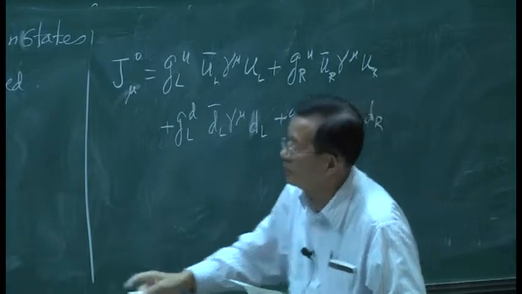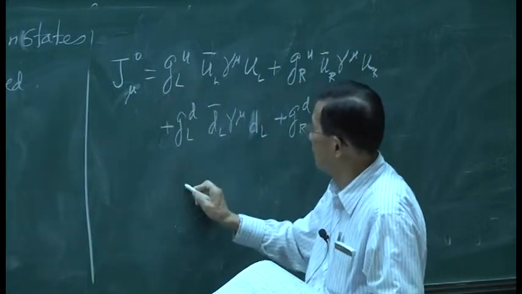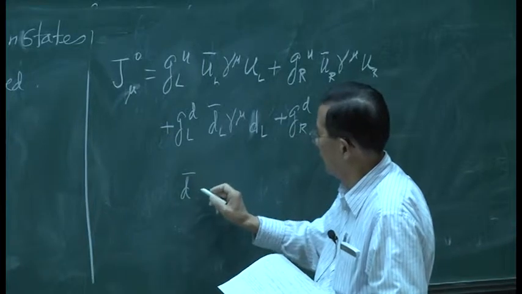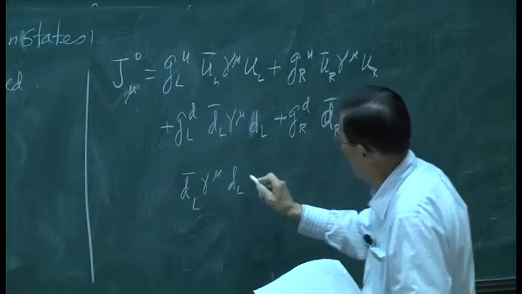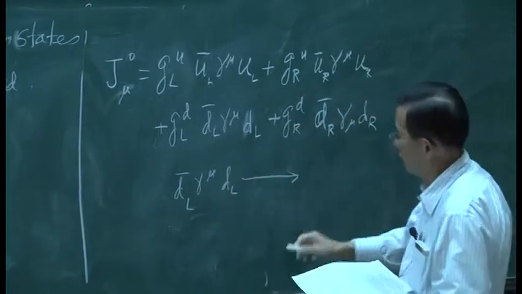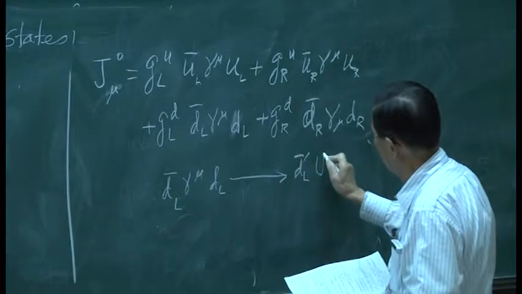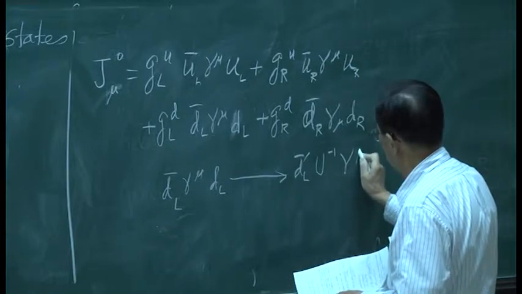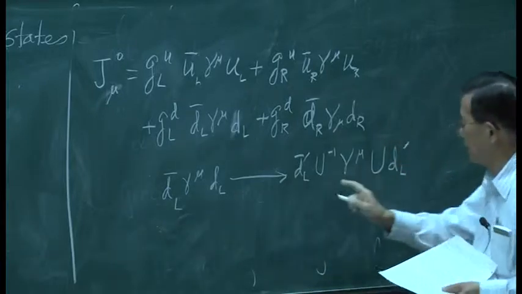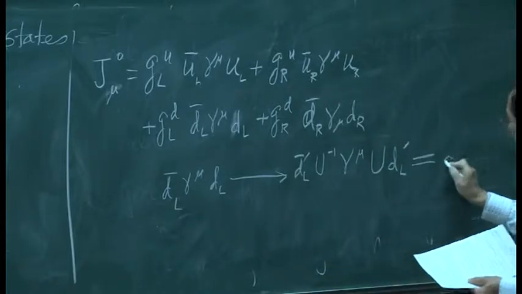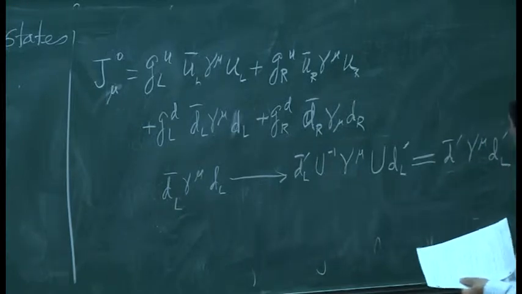The point is that when you apply this unitary transformation to it, all you get is, for example, D bar L gamma mu D L, and then you apply this unitary transformation to it, you get D bar L prime U inverse gamma mu U D L prime. And U bar U is equal to 1, so this is equal to D prime bar gamma mu D L prime.